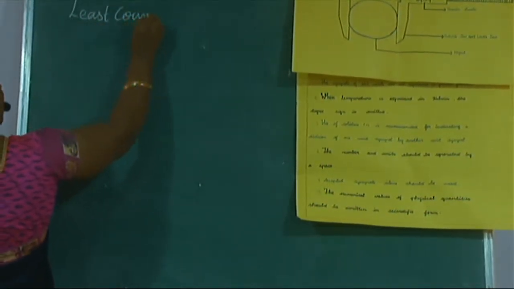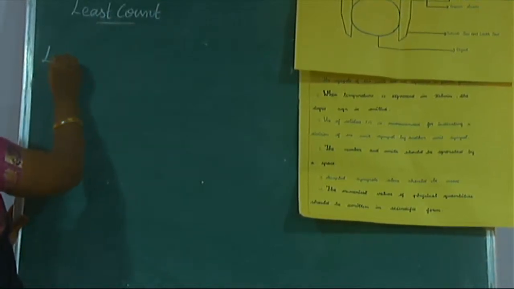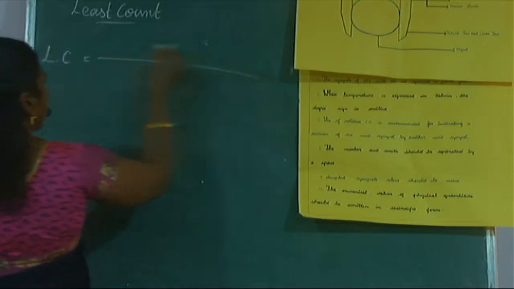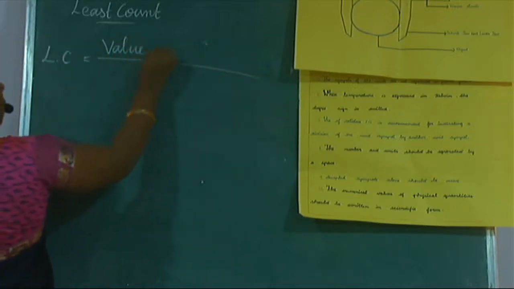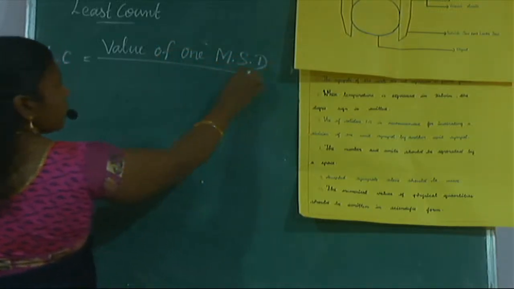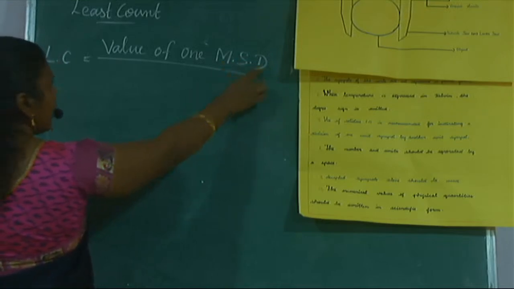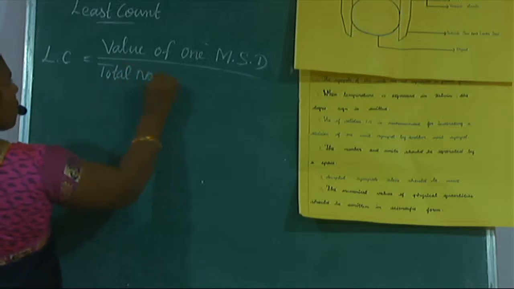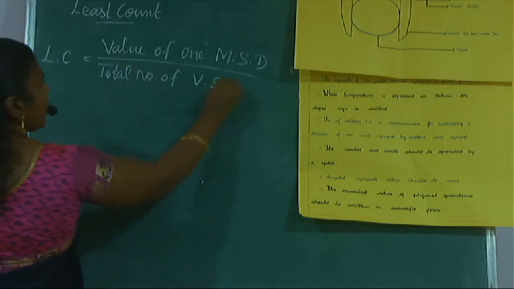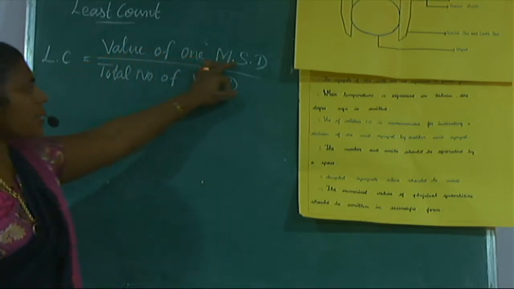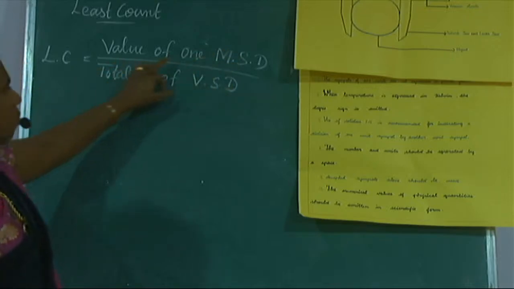The short form is LC. The formula is: the least count equals the value of one main scale division, MSD, main scale division, divided by the total number of vernier scale divisions.